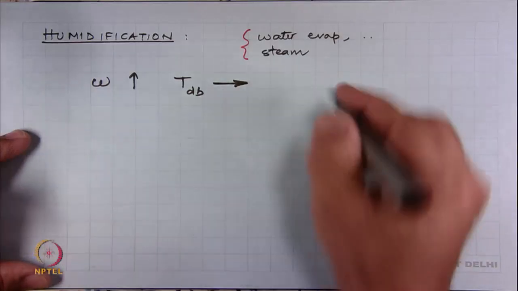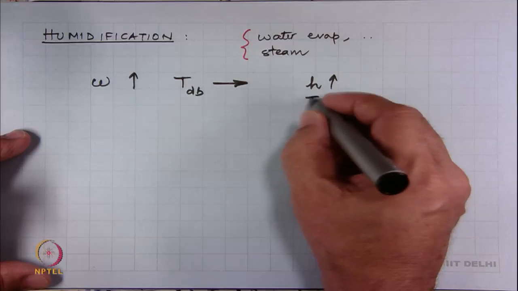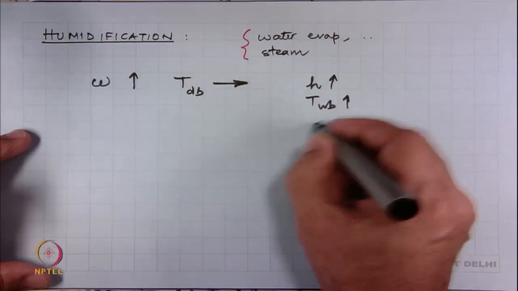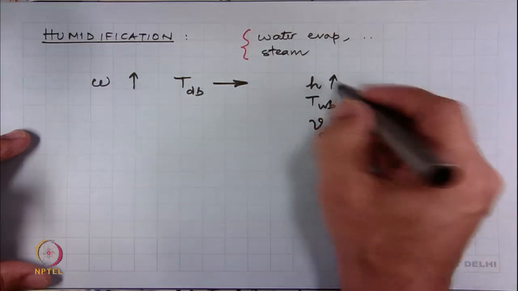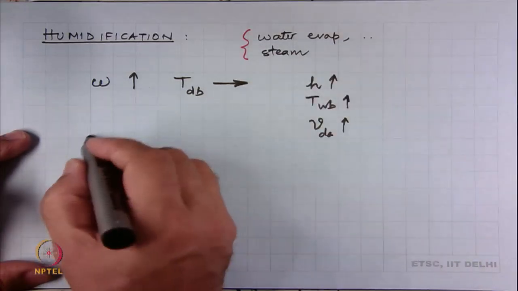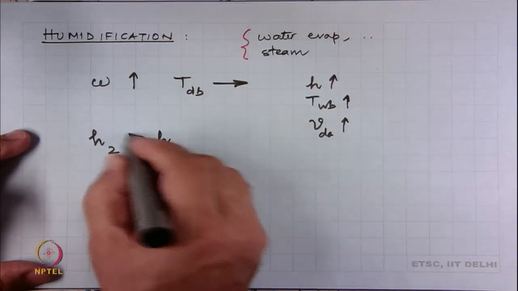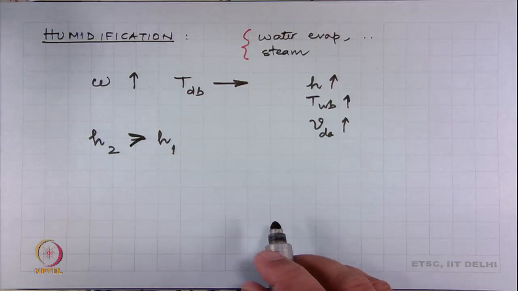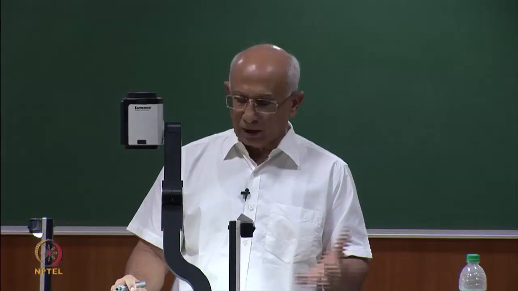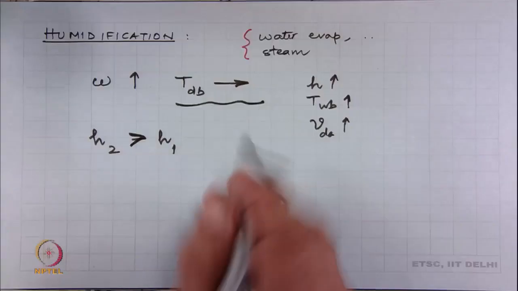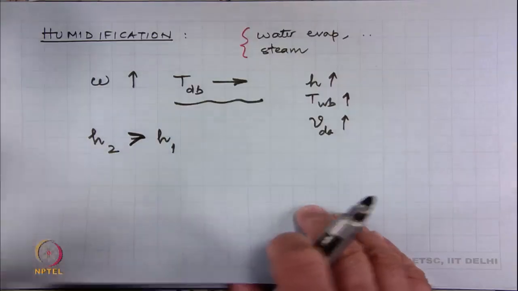And while we do that, the specific enthalpy is increasing, and so is the wet bulb temperature and the specific volume for dry air. So, in this sense, what you are seeing is that the final enthalpy H2 is greater than H1. On that graph we can see that. So, just by adding moisture also, we are increasing the enthalpy of air, even though the dry bulb temperature is remaining the same. That is what is called the latent heat being added.